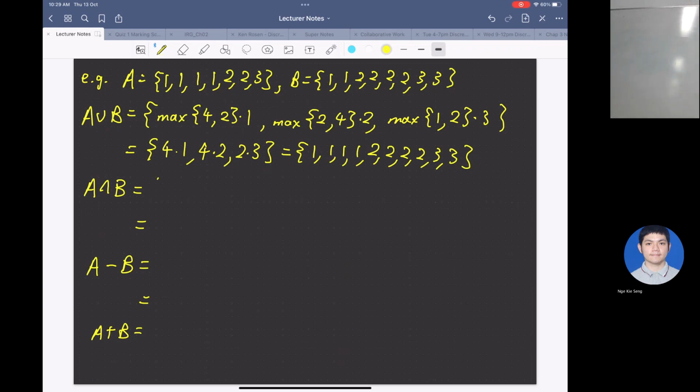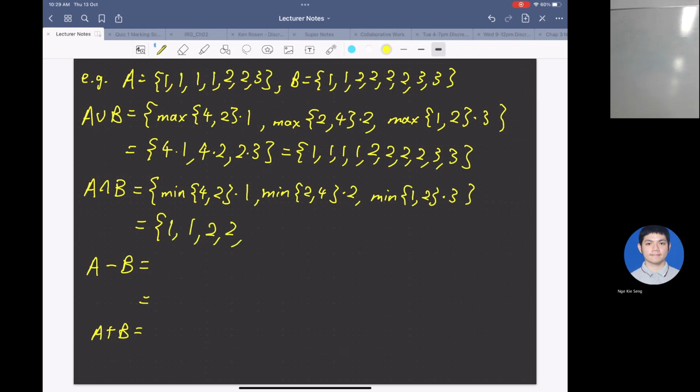How about the intersection? For intersection, we take the minimum of the appearances. Okay, so I get 2 ones and 2 twos and then 1 three. Okay, how about the difference?